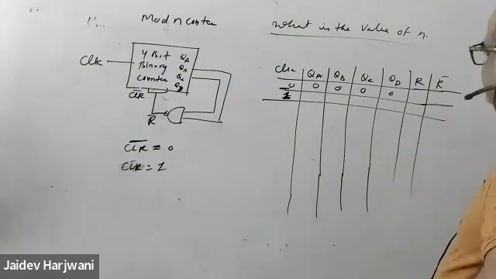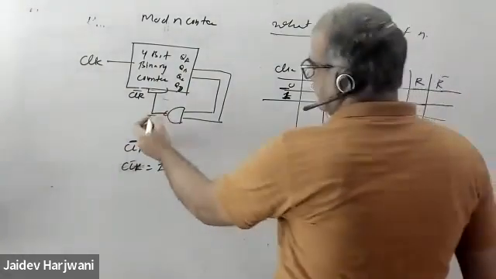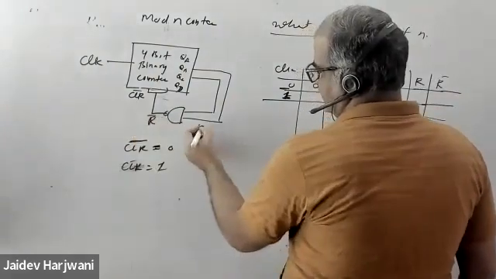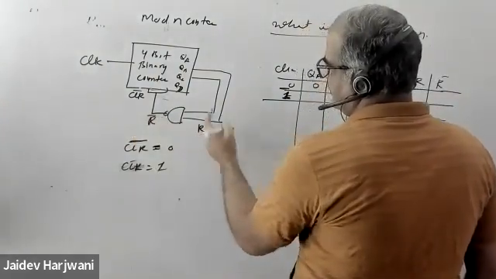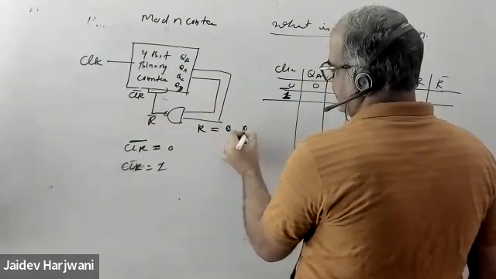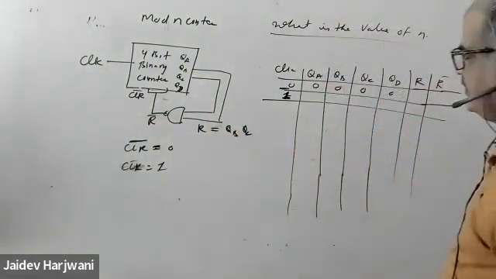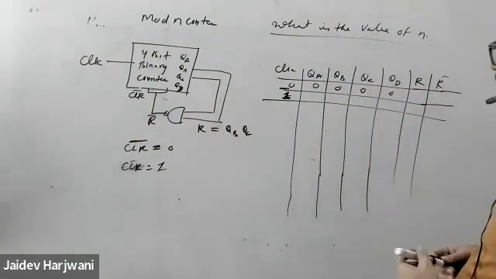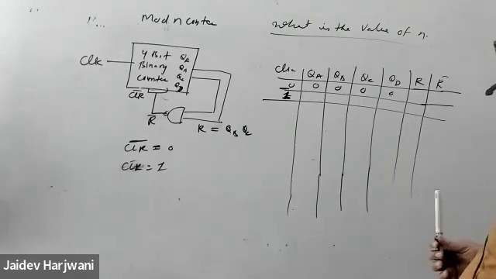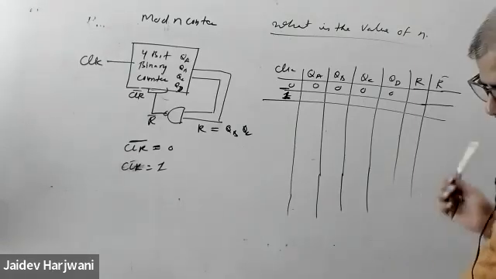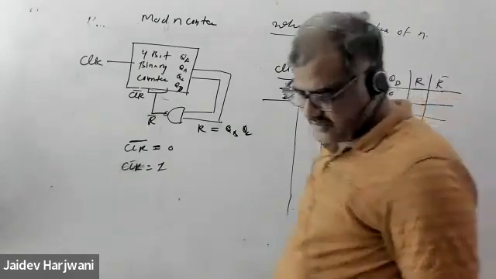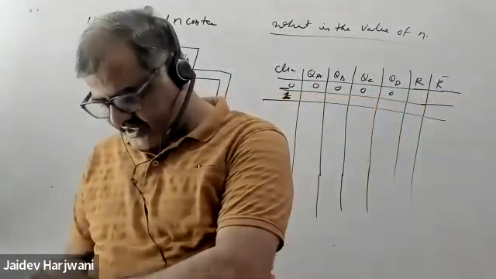This is then R, and R is QB QC. So how to count this? How many states are there? How will the state change?